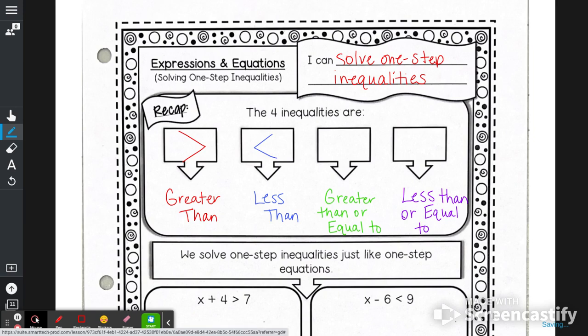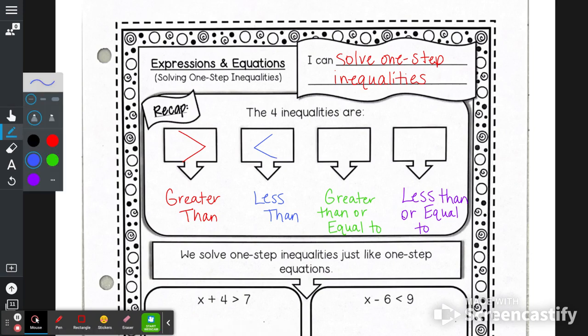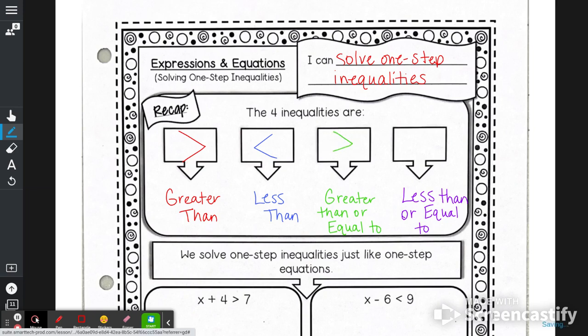Okay. Now we have greater than or equal to, and this was the new sign that we learned. How do we write greater than or equal to? With the mouth open to the left. Absolutely. So our mouth is still open to the left, but now we have half of our equal sign, and that means equal to.